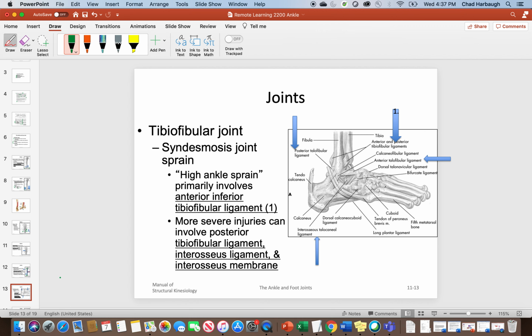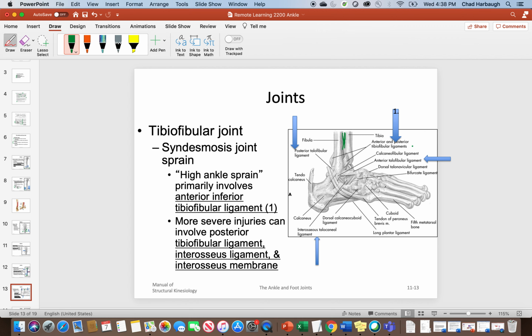So the syndesmosis, as I just pointed out, would be located up here, and this is the region of the ankle where the syndesmosis can be most affected, where we see what we call a high ankle sprain, where the most severe would be affecting this area of the interosseous membrane.